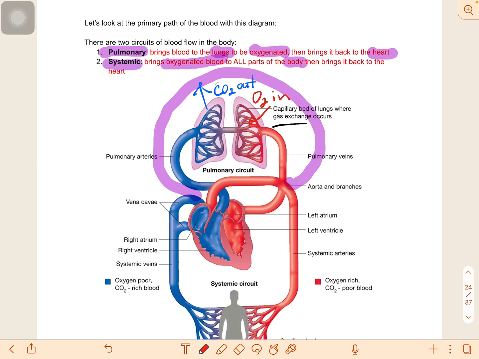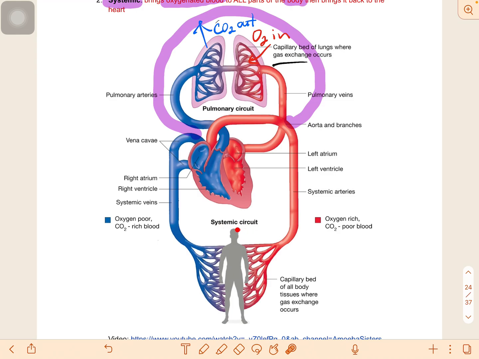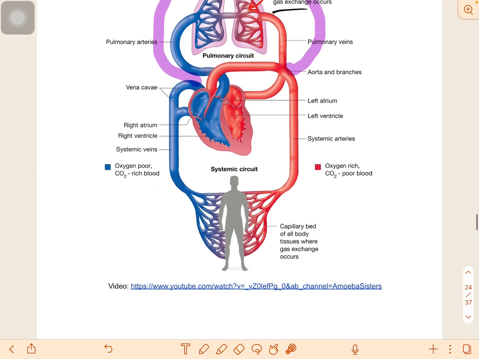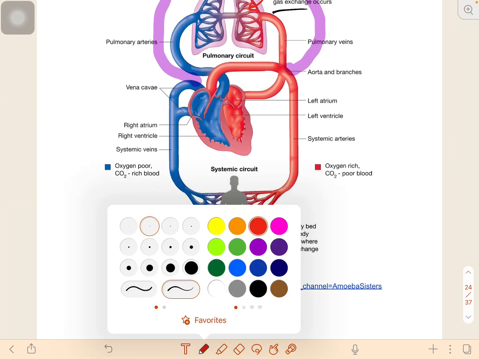Once that carbon dioxide leaves and the oxygen goes in, now your blood is oxygenated, and it's going to follow the rest of this path back into your heart, where it will pump out of this left ventricle and into the rest of the body. Now, once we get to the rest of the body, you are in the systemic circuit. In the systemic circuit, once we get to those capillary beds, those really thin, one-cell wall thick blood vessels, this is where another type of gas exchange occurs.